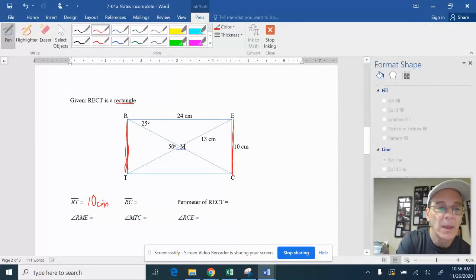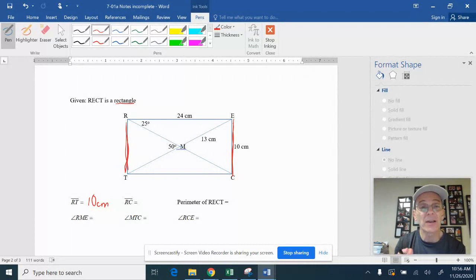Sure it would. And again, I feel compelled to say this over and over again in this lesson. We're not really coming to that conclusion just because they look the same, but rather because they look the same and we've been told that this is a rectangle.